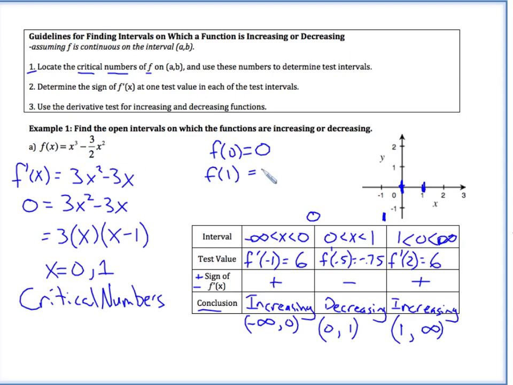So that's going to be -1/2. And we could plot those points. So we have 0, 0, and 1, -1/2. Now we know our function is increasing, so it's got to be increasing on this interval here. Okay, and then it's decreasing on this interval, and then increasing on this interval right here. Okay, so increasing, decreasing, and increasing.